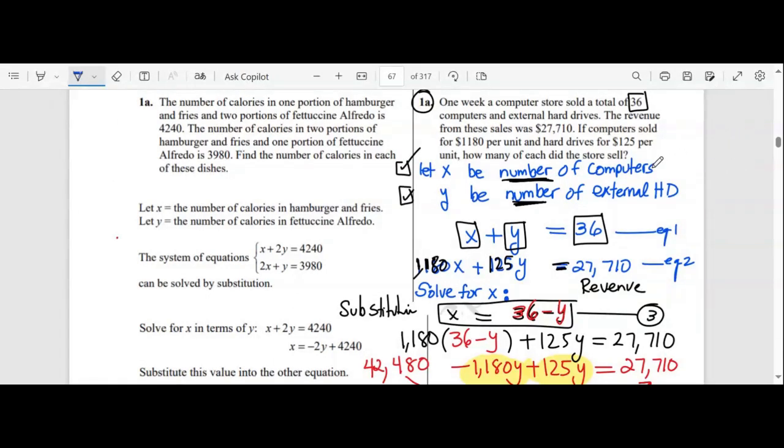So if it asks me how much each of them sold, I would multiply 14 times 125, right? If he asks you how many you sold, then you have to follow those steps.